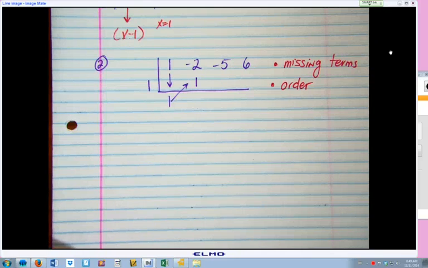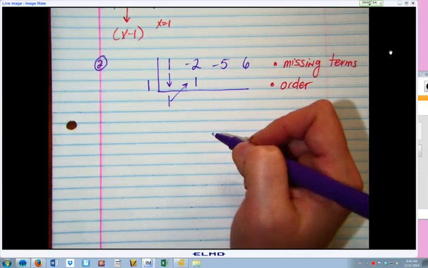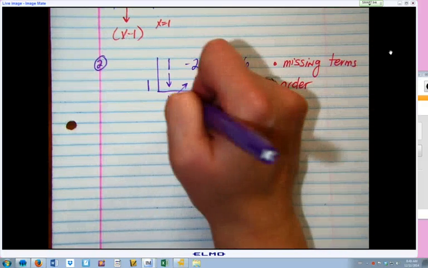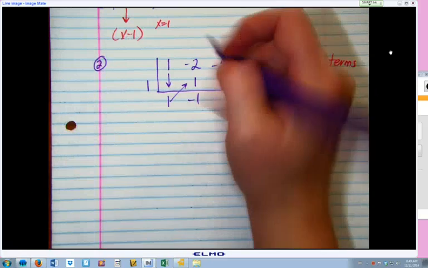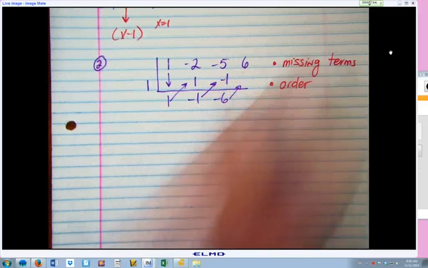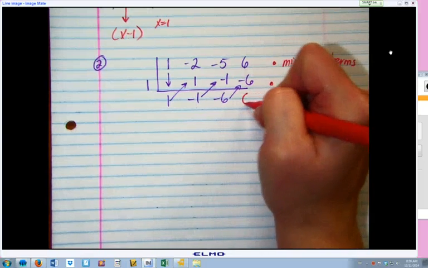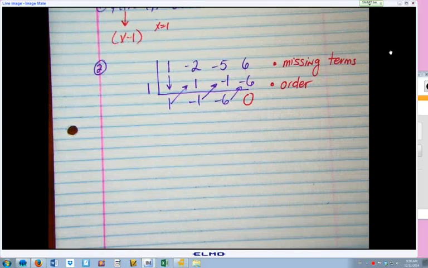Offer of -1? Okay. This number right here has to be 0. If it's not 0, you've done something wrong.